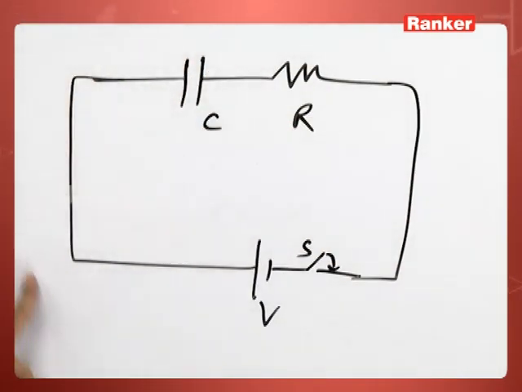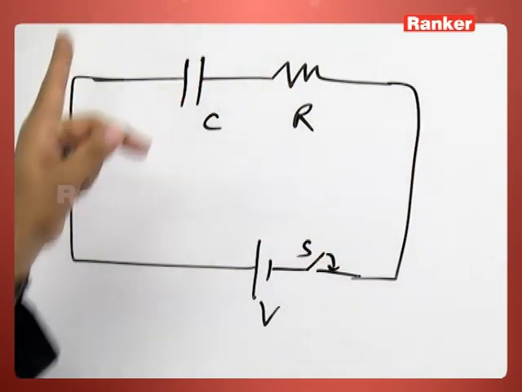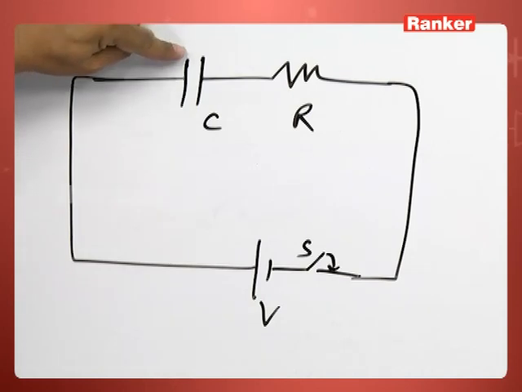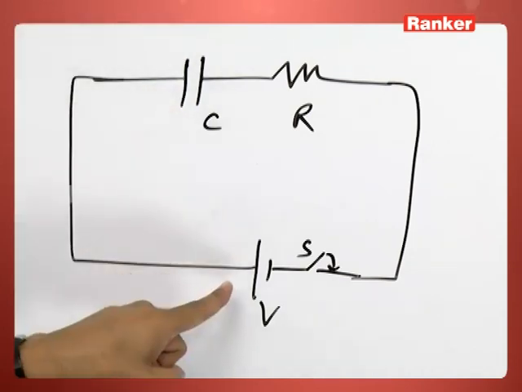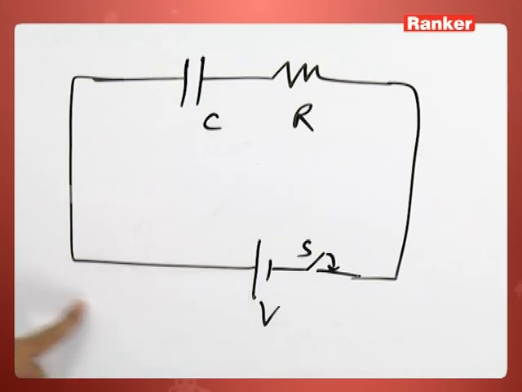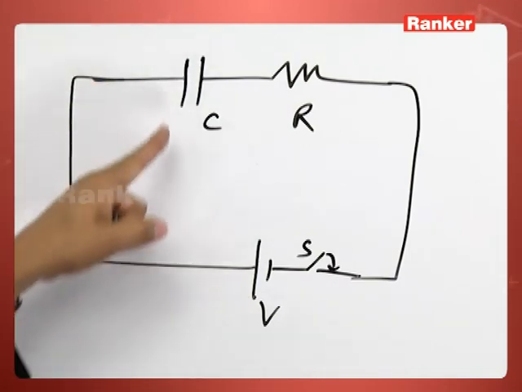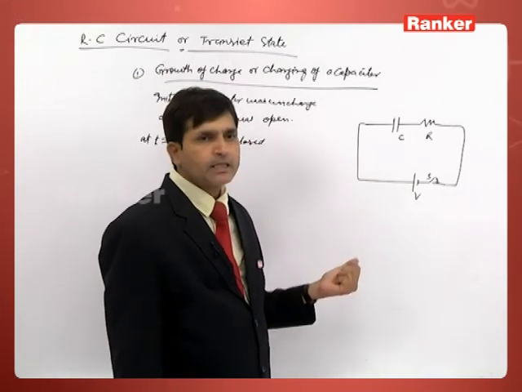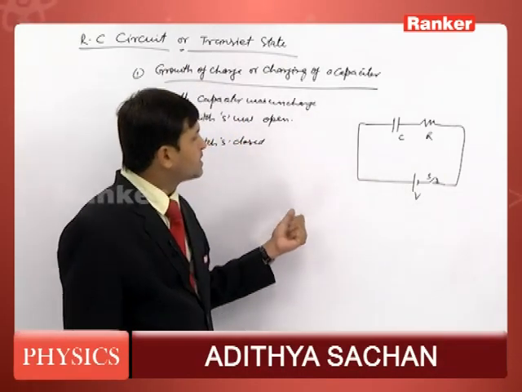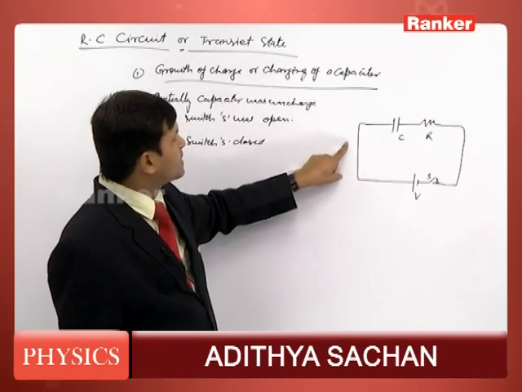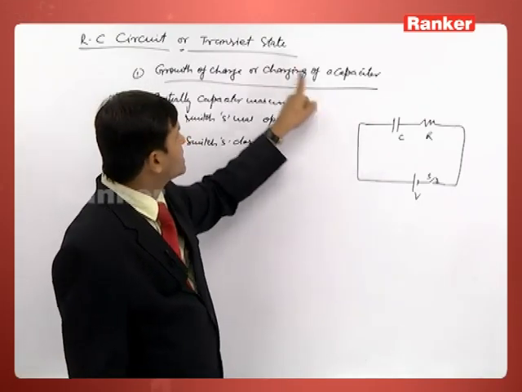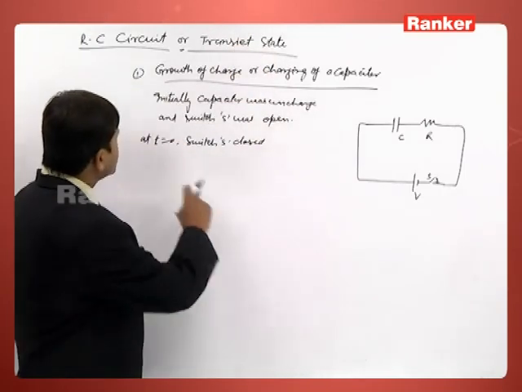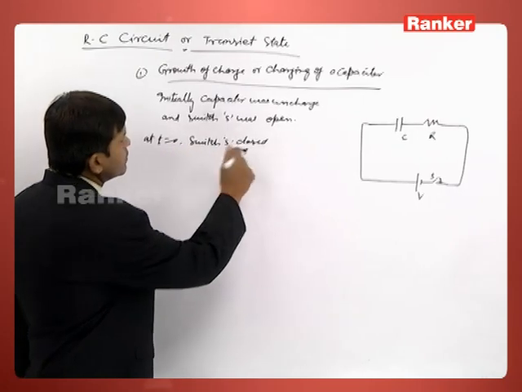This flow of charge will continue till the potential of this plate and the potential of this electrode become equal. When they are equal, the flow of charge stops. Before the capacitor gets fully charged, that intermediate state is called the transient state. So we can assume at t equal to 0 the switch has closed.